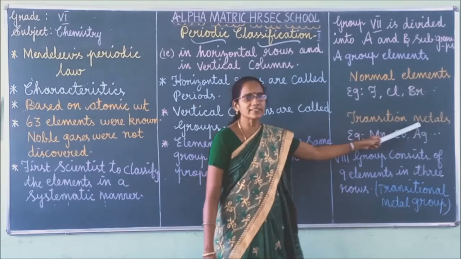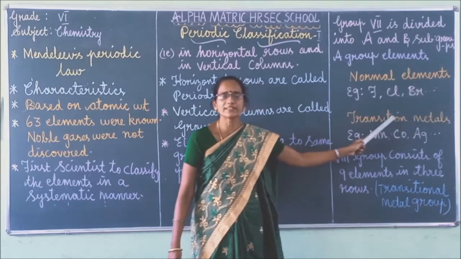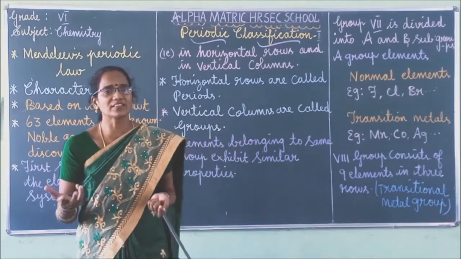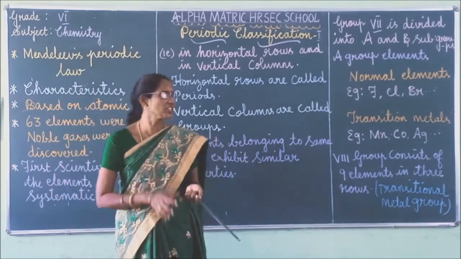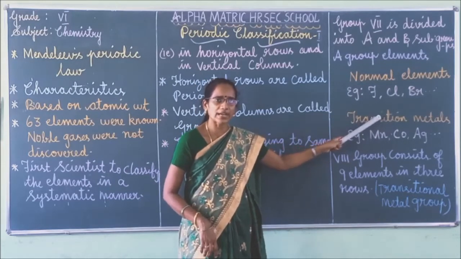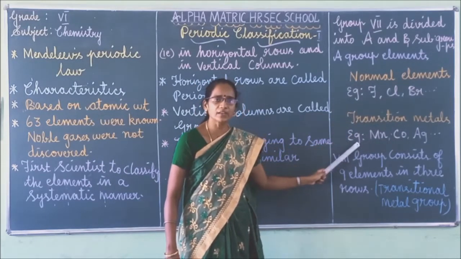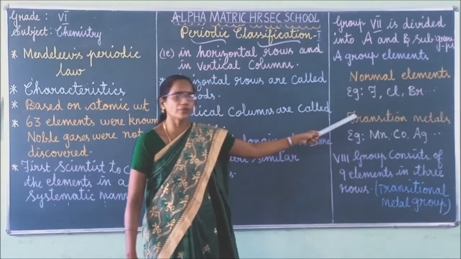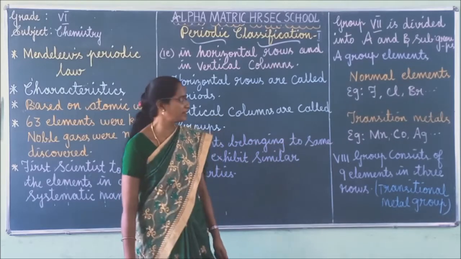Next, transition elements. I told you transition elements means these elements have an incomplete valence shell in their configuration, so we call them transition elements or transition metals. For example, manganese, cobalt, silver. These are some of the transition metals, right?